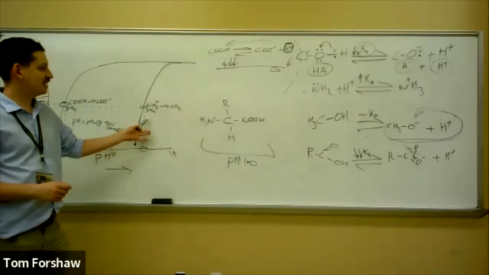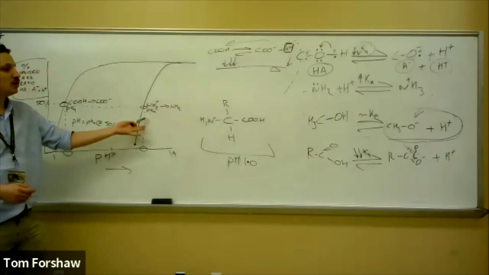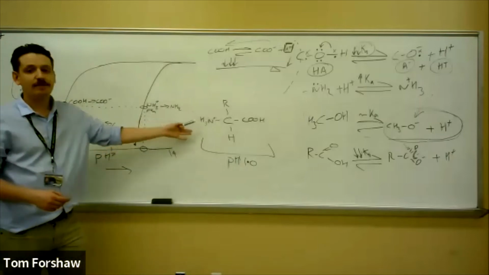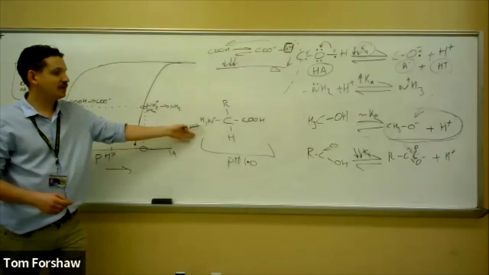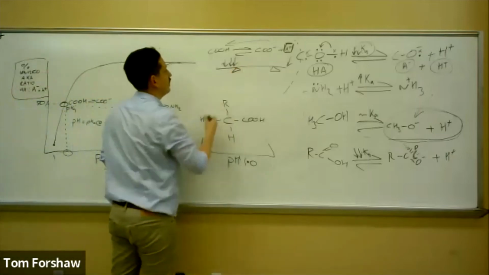Whereas conversely, with the base, the base is going to want to take on a proton at a neutral pH, because the pKa is kind of high. So the position of the fulcrum is on the other side.